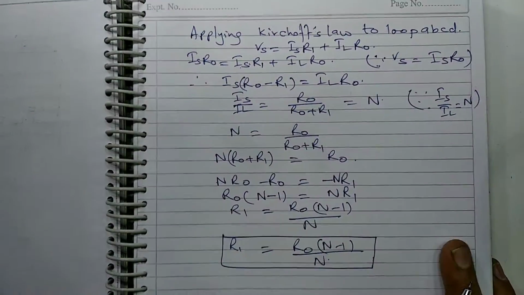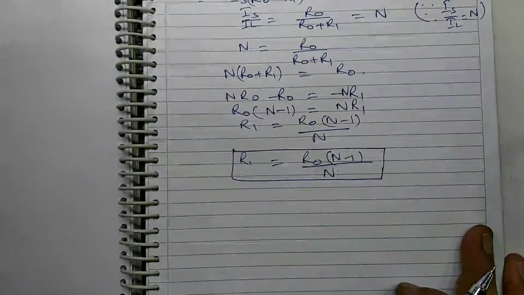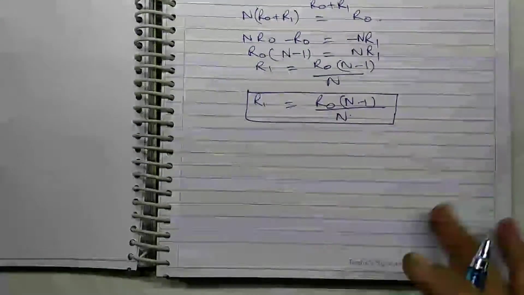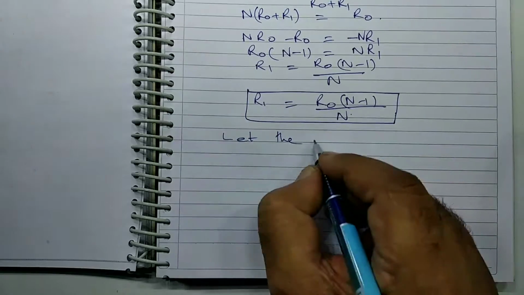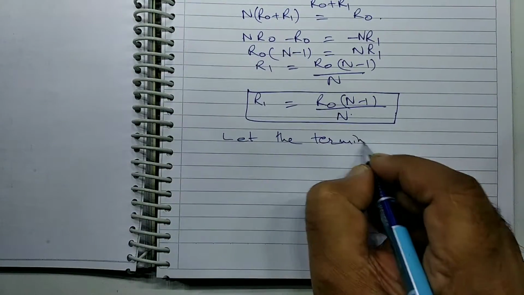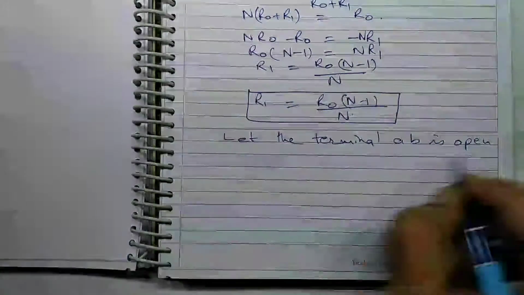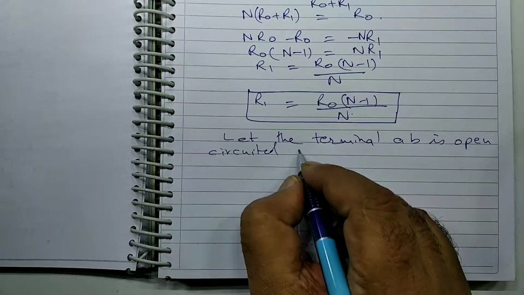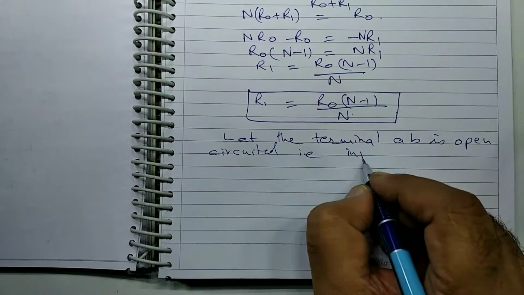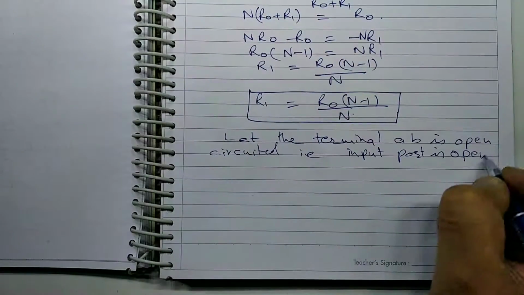Now further, let the terminal AB be open circuited. That is, the input port is open, like this.